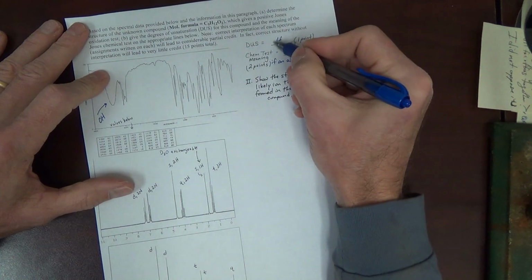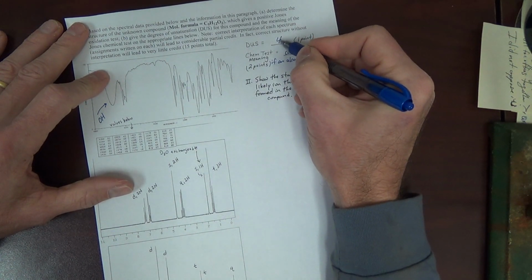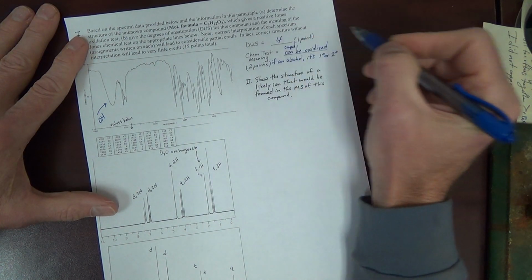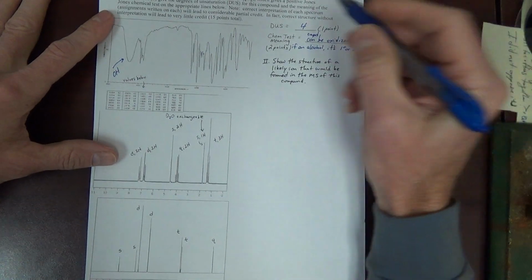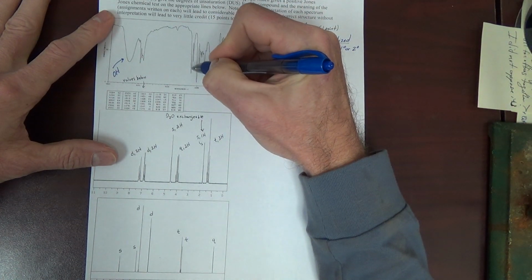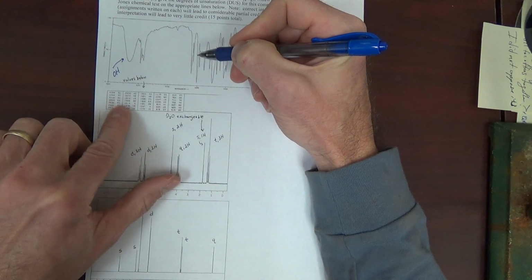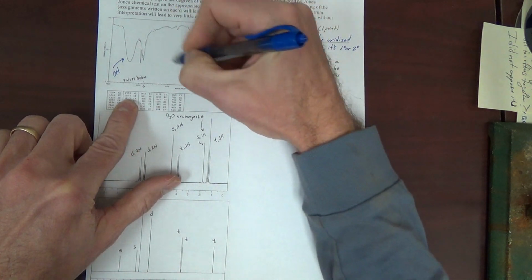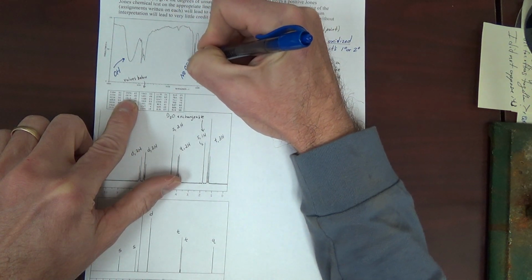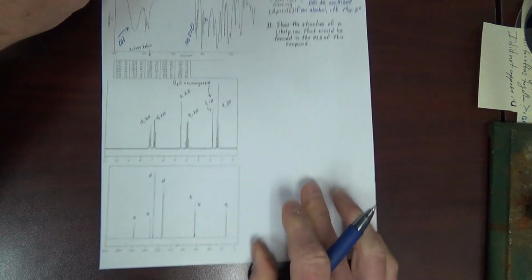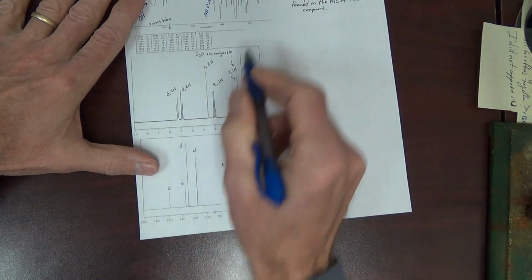Thus, the 4 DUs is solely for the benzene ring. That means there cannot be a carbonyl. Indeed, this signal is about 1613. That's not a carbonyl. No carbonyl. You cannot have a carbonyl and a benzene ring in this formula.